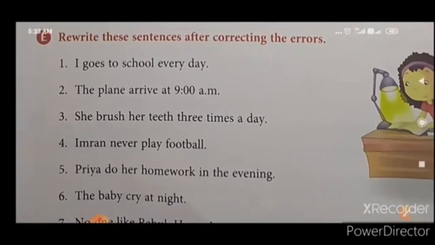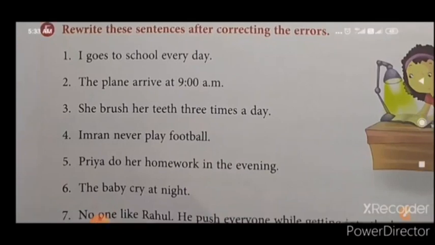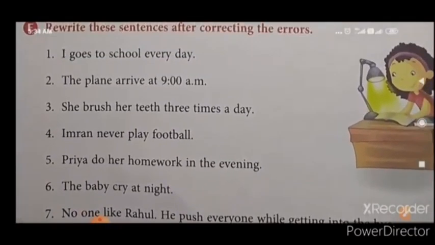Rewrite the sentences after correcting the errors. So you have 8 sentences. In the 8 sentences, there is some error. You have to find and rewrite it. I goes to school every day. Students, can you guess what the error is here? I goes to school every day.